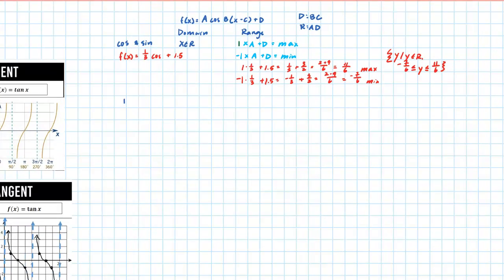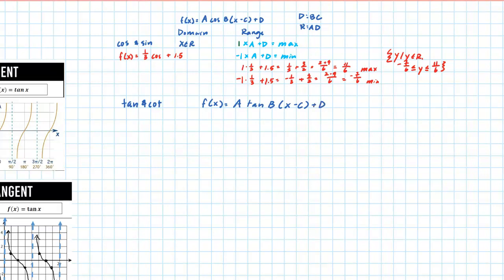Next, moving on to the more difficult. Let's do tangent and cotangent. Okay, Harshita's favorite. So f of x equals a tangent b x minus c plus d.